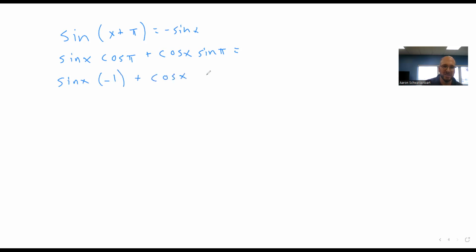My sine x and cosine x, I can't do anything with. Sine of pi being 0. And -1 times sine x is negative sine x. 0 times cosine x is 0. I'm done. This was example 4.